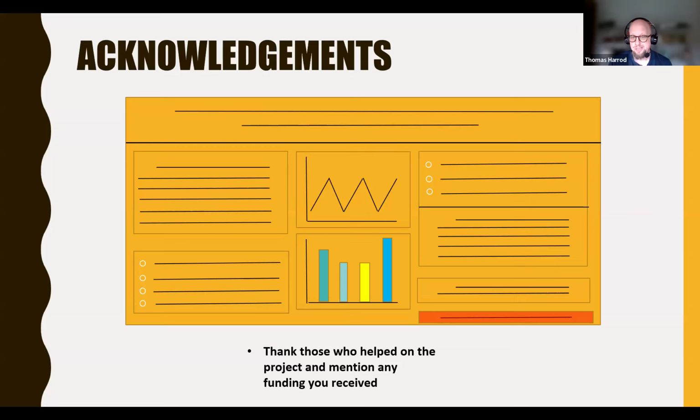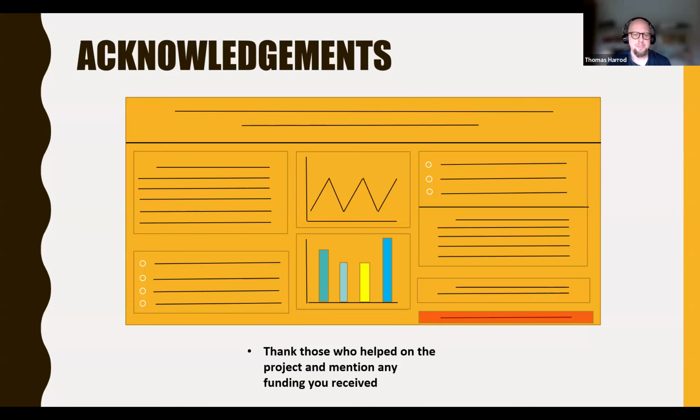But there may be people who assisted along the way, whose contribution, again, does not reach that level of co-authorship, but you still may want to acknowledge their help. People who provided you with a key reagent, or who shared a survey with you that you modified, or something like that. And this is also a place to mention any funding that you received, to put that in the bottom right here. So those are kind of the key things here.